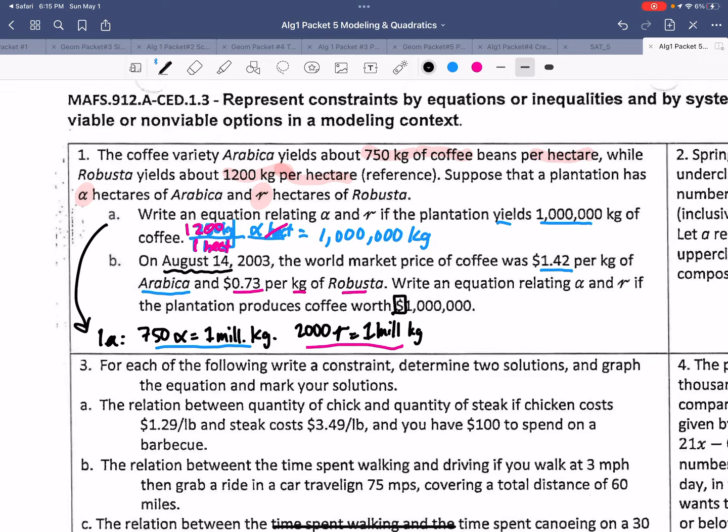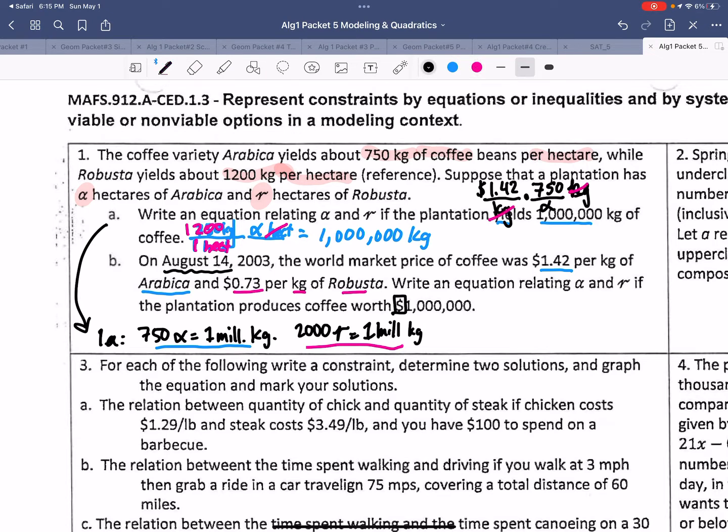This helps us decide, do we multiply or do we divide? In our first brand, we have $1.42 per kilogram. So now we can multiply by kilograms, which would be 750 alpha. This would give our answer in dollars, because kilograms would cancel.